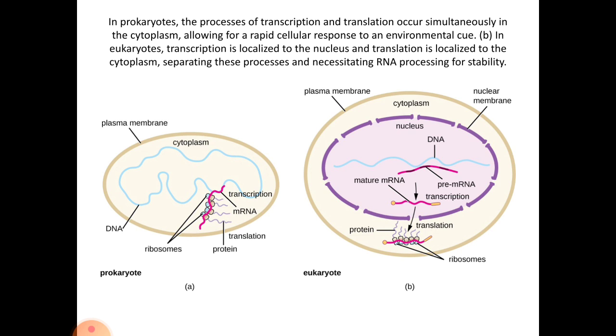In the picture, we can see a prokaryotic cell wherein translation and transcription are going on simultaneously in the cytoplasmic region. Whereas in the second picture, called B, we can see a eukaryotic cell wherein transcription and translation are separated. Translation is in the cytoplasmic region and transcription is in the nucleus.